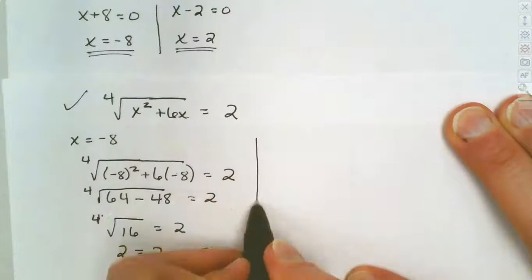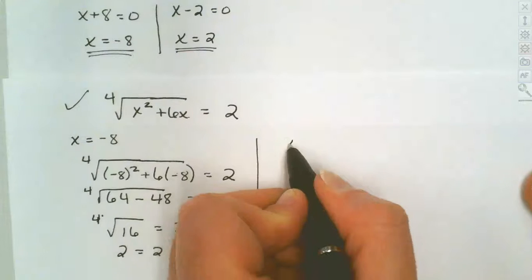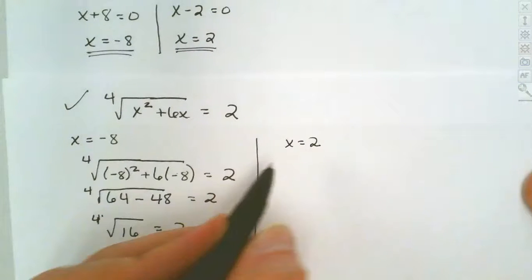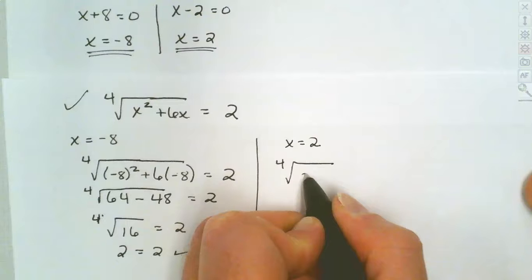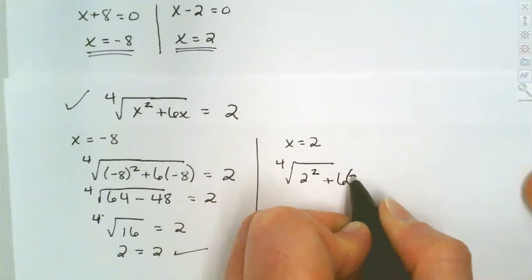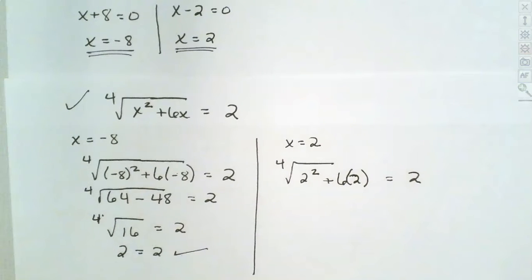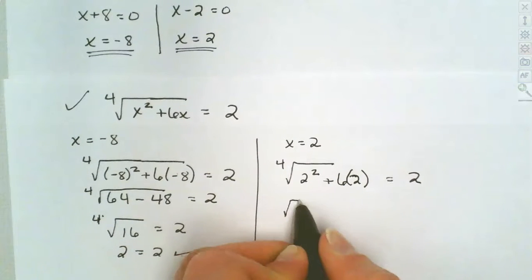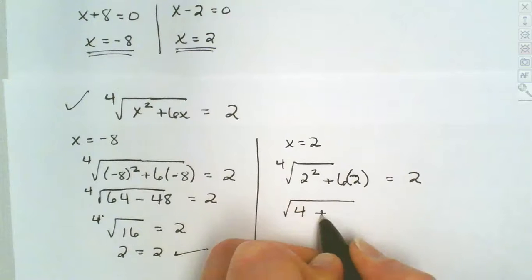What about the other one? The other one that we came up with was 2. Let's check and see if 2 works. So we've got the fourth root of 2 squared plus 6 times 2, and that should equal 2. 2 squared is 4. 6 times 2 is 12.